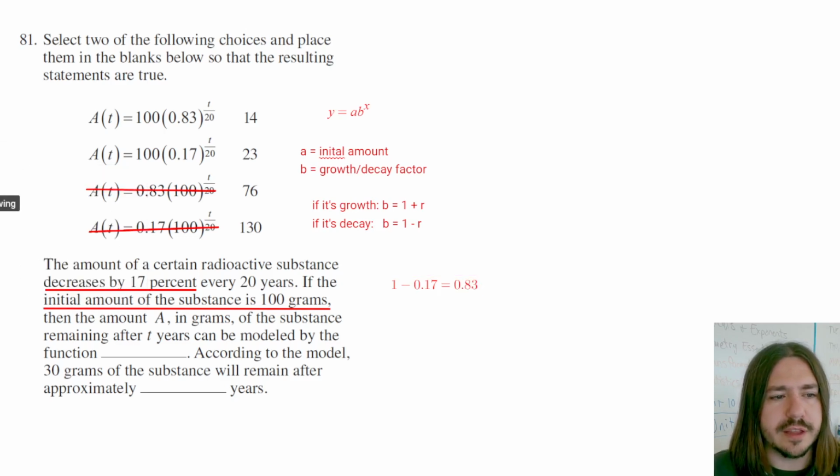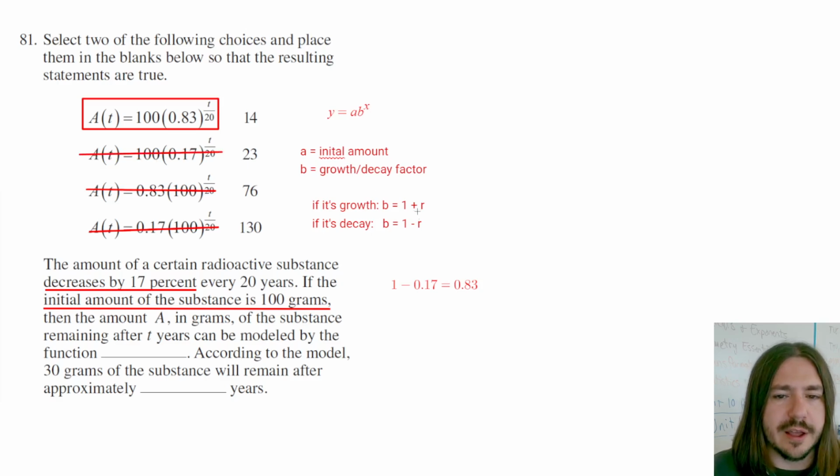So our equation is going to be this guy right here, not this one. This one is going to try to throw you off because it has the 17 in there, but the actual multiplier, this growth or decay factor, is always 1 plus or minus r.